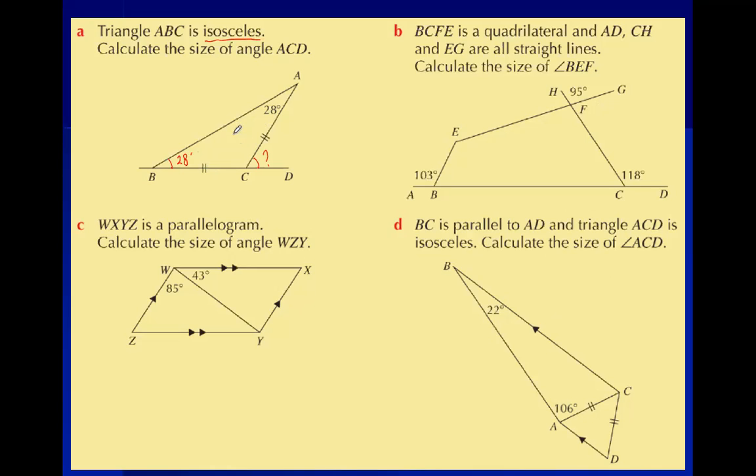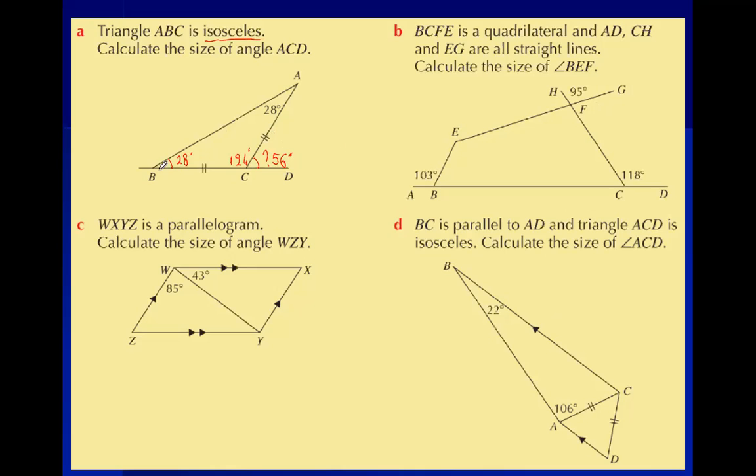So 180 minus 28 twice is 124. So I've got my angle here, 124. And because this is 124, I've got a straight line, 180 minus 124, and that is 56. So that was what they asked us to find, that angle.